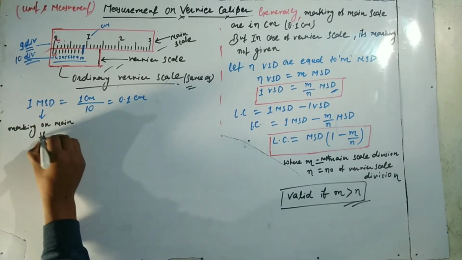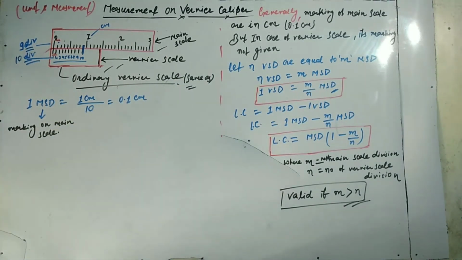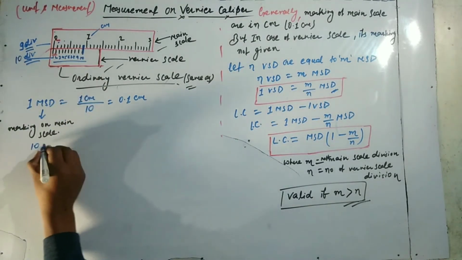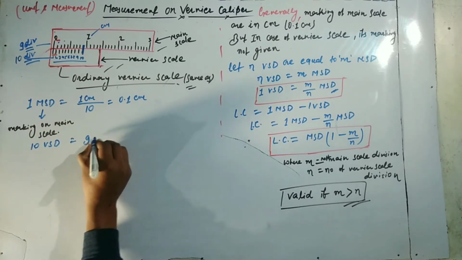And in the vernier caliper, we see that 9 divisions of the main scale equal 10 divisions of the vernier scale.